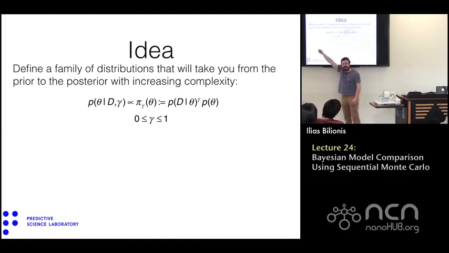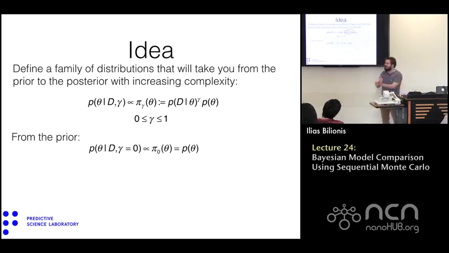And depending on what gamma is, this defines a different probability density. If gamma is 0, then you are at the prior. And it should be fairly easy to sample from the prior. It's the prior. You picked it, right? So it should be a Gaussian, an exponential distribution, whatever. It should be extremely easy to sample from.